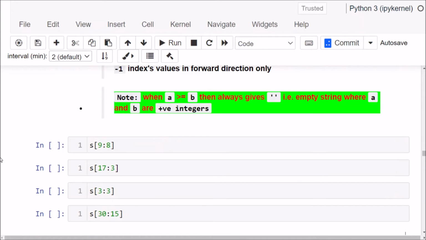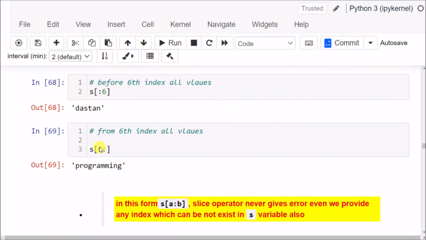Let's remember here a is greater than b, so it will return an empty string. Why? Because when we go in the forward direction after 9, 8 will not come. We can see here.